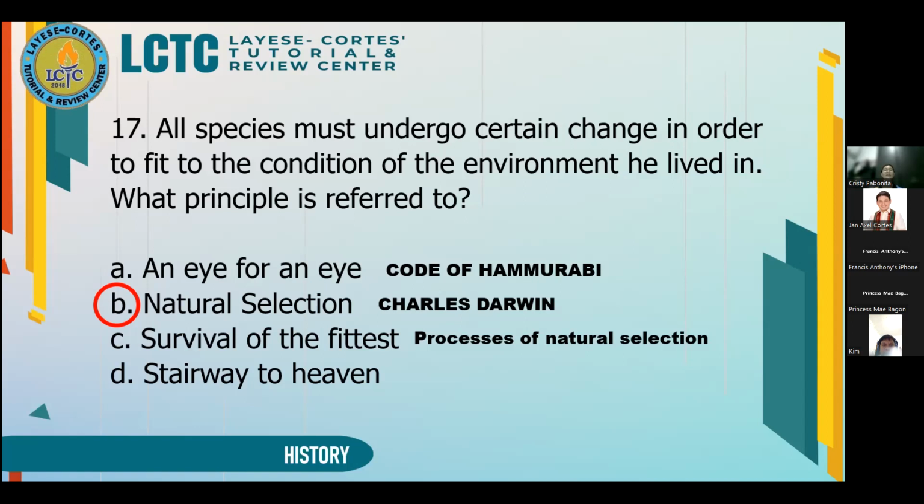But the correct name of the theory of Charles Darwin is natural selection, and survival of the fittest is just the process. Those who cannot adapt to changes will not survive, so it is called survival of the fittest.